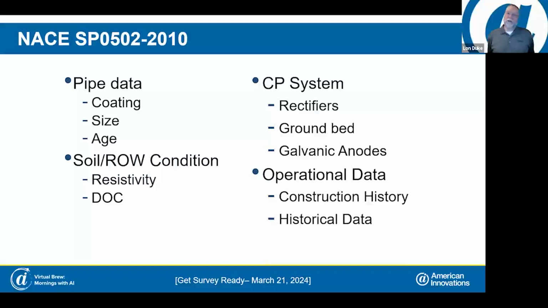It causes a lot of issues if you're trying to do DCVG, especially if you don't know where those galvanic anodes are. To DCVG, that's just a big holiday. The operational data, construction history: has there been some new pipe put in the ground in this right of way for this one? And again, historical data.